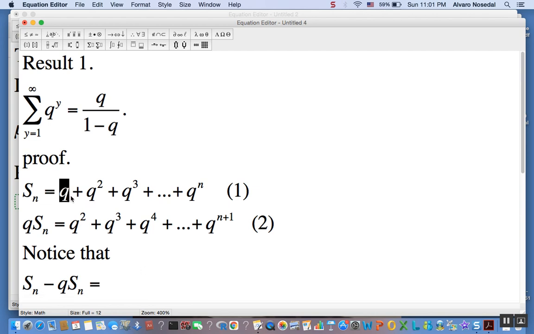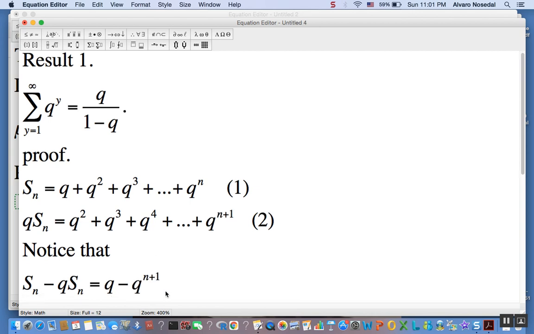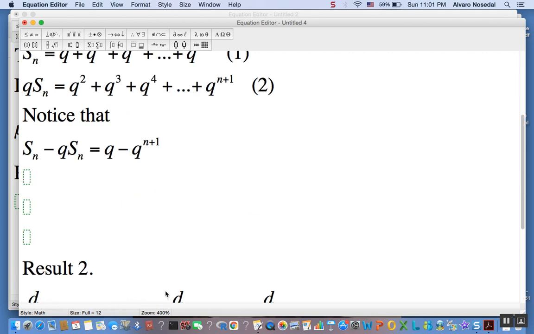The first term of the first equation minus the last term of the second equation. You agree?